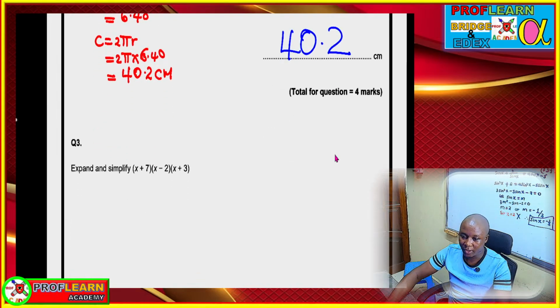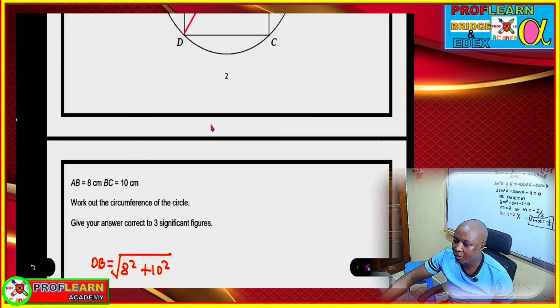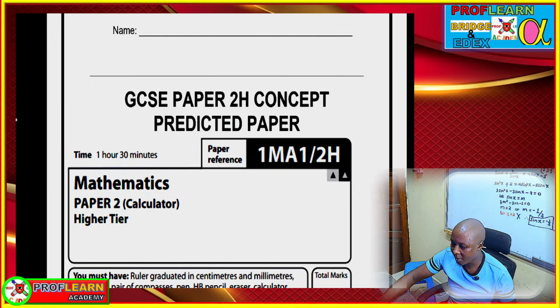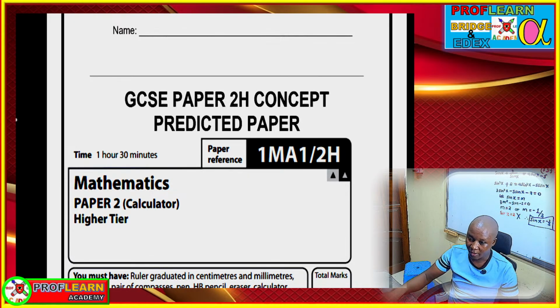Another area that you really need to prepare as far as this exam is concerned, remember, for those who are just joining us, we are having a predicted tutorial. In this particular video, we are having a prediction on how you can do GCSE Paper 2.